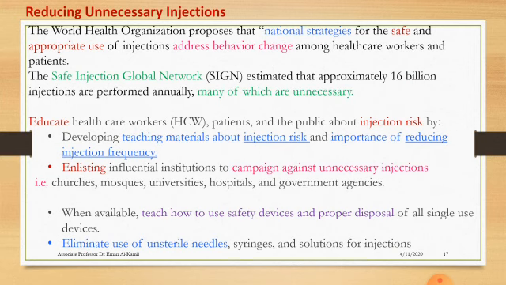So it is important to educate healthcare workers, patients, and the public about injection risk. It is very important, this point about the education of not only the health worker but also patients about the risk of injections.